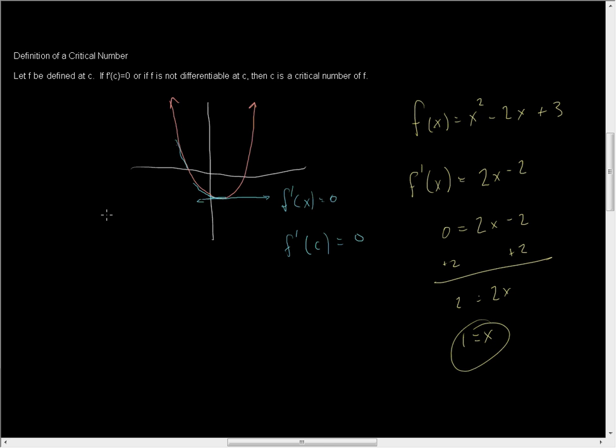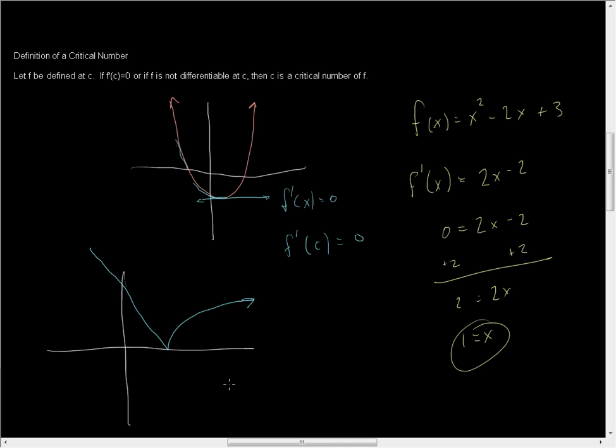For the second portion of this, it says it's a critical number if the derivative is 0 or if f is not differentiable at c. We've seen some examples of this. You have perhaps a line coming down, all of a sudden a sharp turn, and it turns into, say, the square root. At that point, this point is called a cusp.